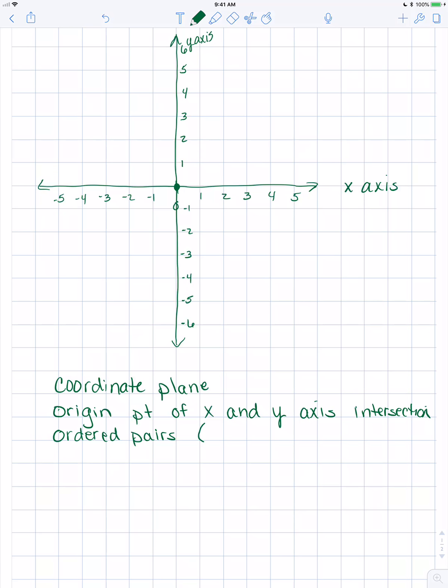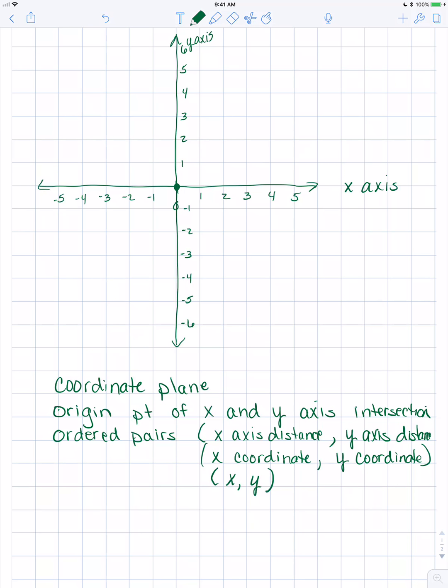The first of our ordered pair is always the x-axis distance on that number line, or we call it the x-coordinate. And then the second number is the distance on the y-axis. And that's called our y-coordinate. And so every ordered pair is always in the format of some x value and some y value.